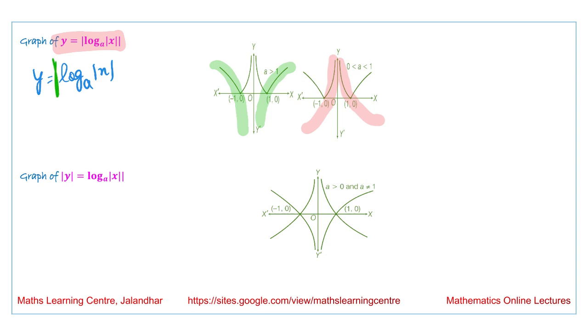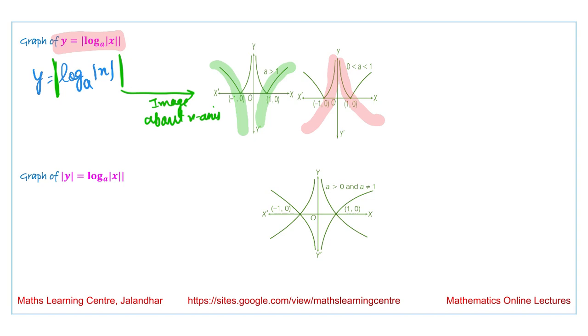we are talking about the mod of this value, so we will have to take the image about the x-axis of the lower portion.